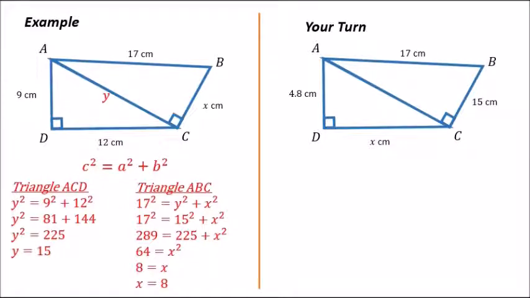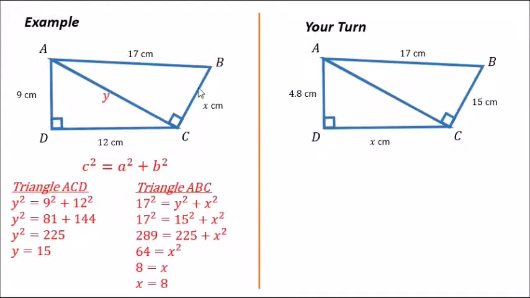So you can see that I started by labelling the side length AC as Y. The reason I did that is because I need to find the length X, which is the side BC. In order to do that, because this is a right angled triangle and I don't have any angles given except for the right angle, I have one side here that I know, and one missing side here.